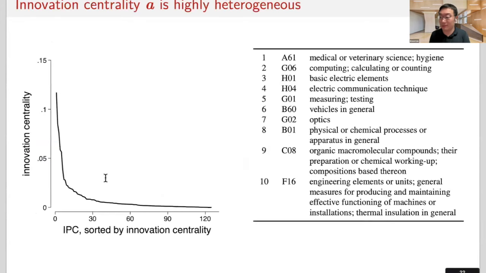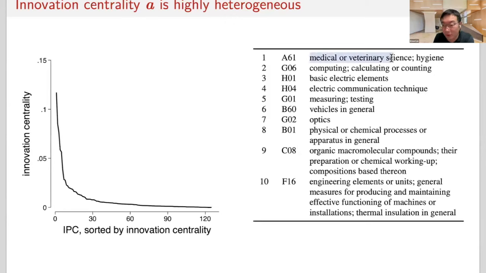Let me first show you some summary stats of this innovation network just to visualize it, and then look at the optimal allocation. On the right, these are the top 10 sectors with the highest centrality. You can think of the centrality of a sector as capturing the contribution of R&D in that sector to long-run growth.